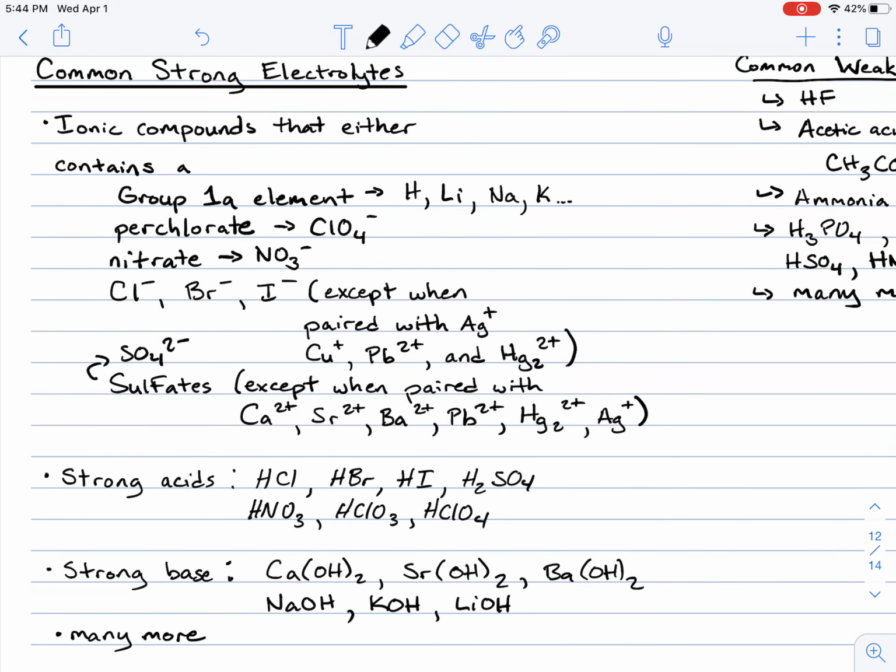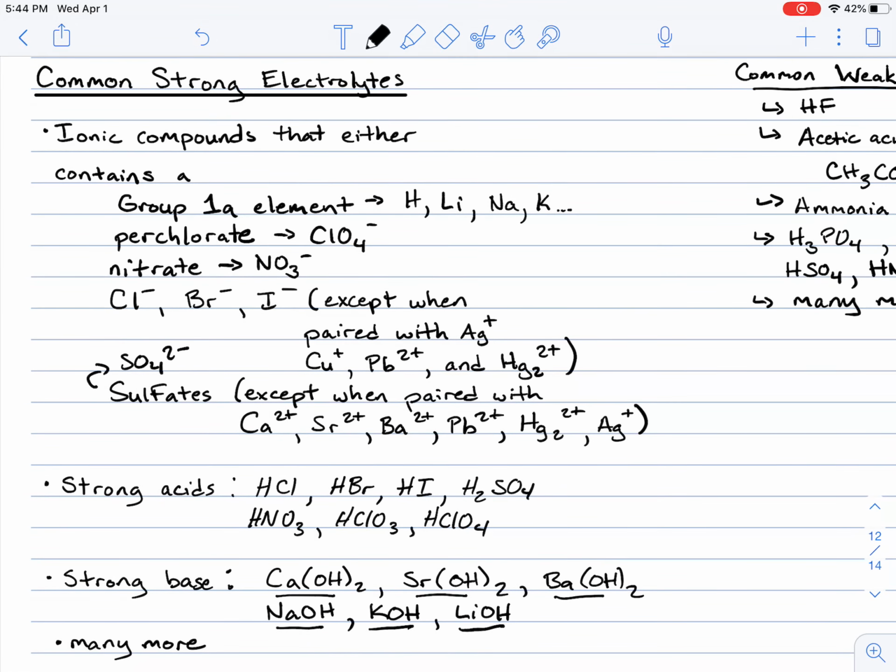Also, there's strong bases, so calcium hydroxide, strontium hydroxide, barium hydroxide, sodium hydroxide, potassium hydroxide, and lithium hydroxide. And so all of these compounds are going to act as strong electrolytes. So if you place them in water, they're going to separate 100%, producing a cation and anion that will enable electricity to be conducted.